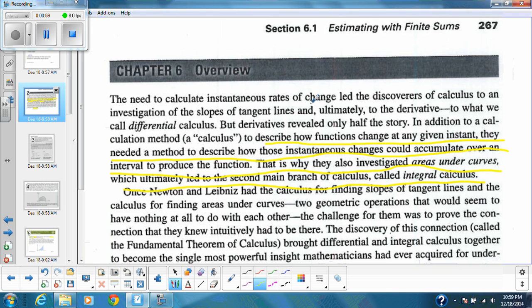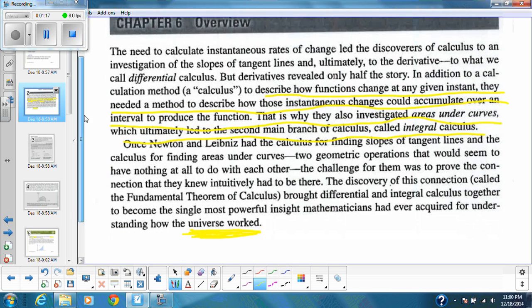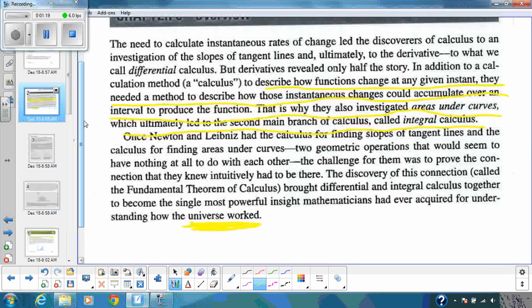Well, the second branch here is called integral calculus, where we're going to investigate areas under the curves, and in so doing, we're branching out, and we're going to relate how differentiation and integration can be connected.